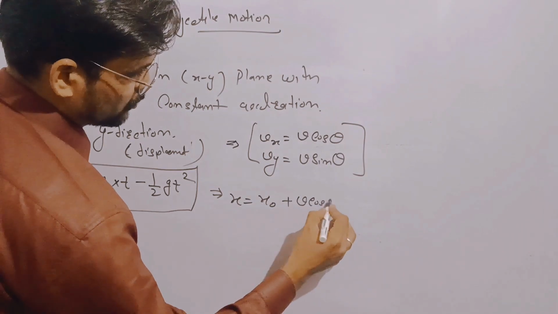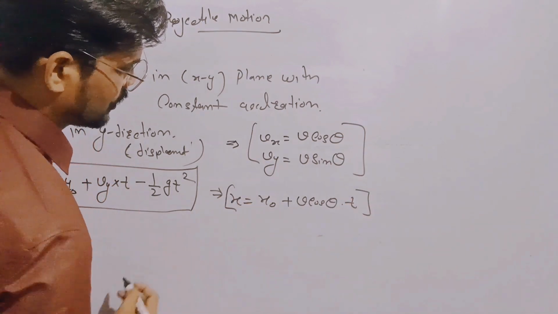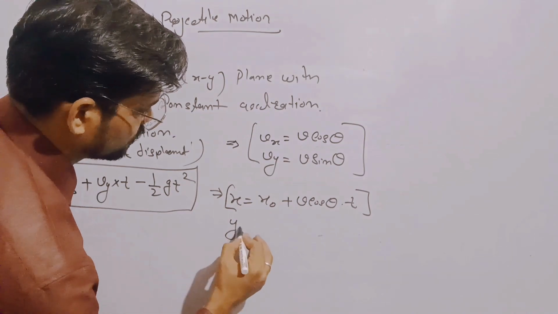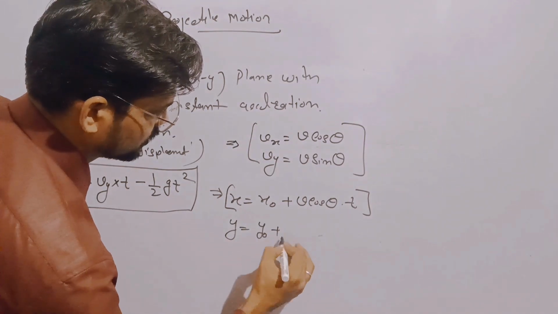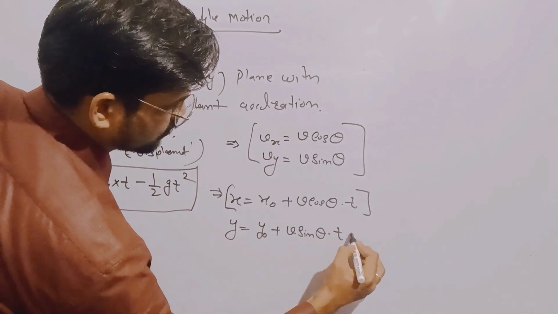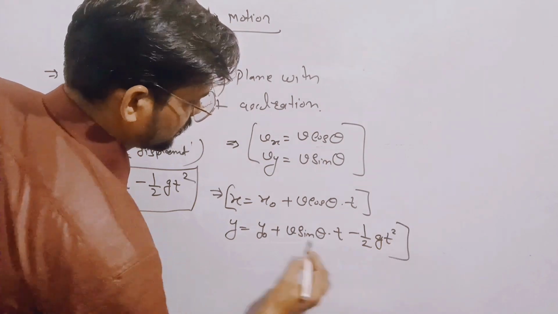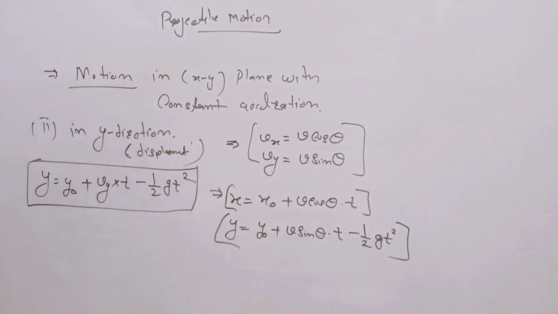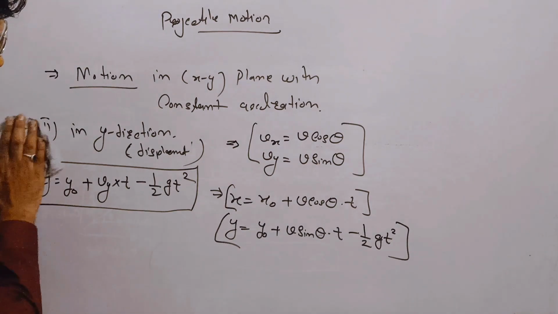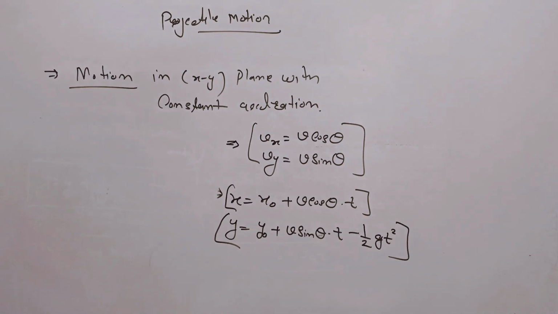So x is equal to x naught plus v cos theta into t, and y is equal to y naught plus v sin theta into t minus 1 by 2 g t square. This is the displacement equation of the particle in projectile motion.